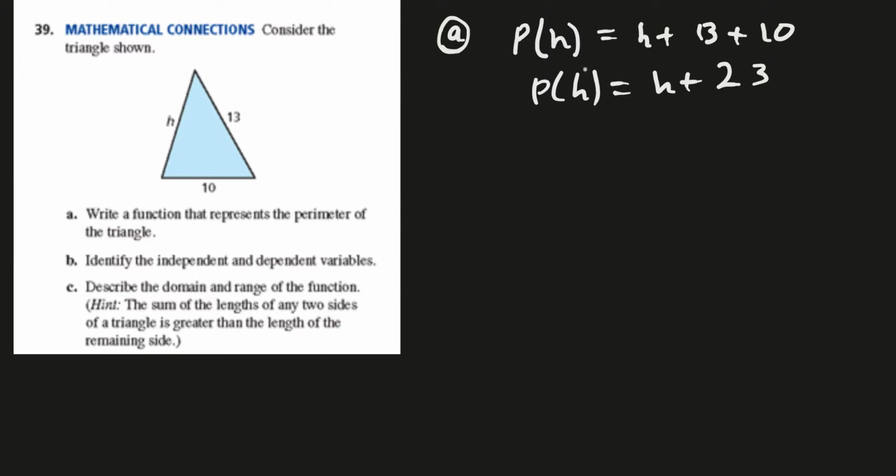Okay, what is this function essentially? This is the perimeter function, and the perimeter is a dependent variable, of course. It's dependent on this independent variable h, which represents the length of this side. Essentially what we're seeing here is a function that, based on the given length, gives a different perimeter.